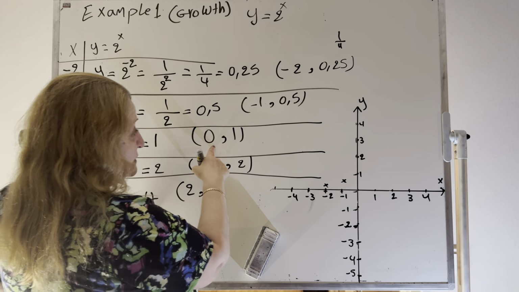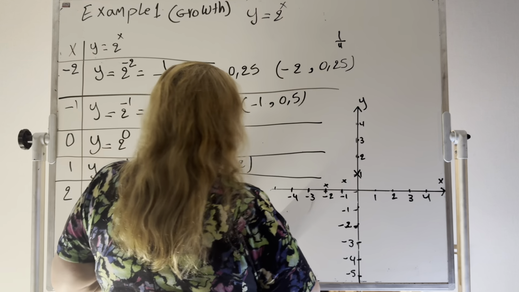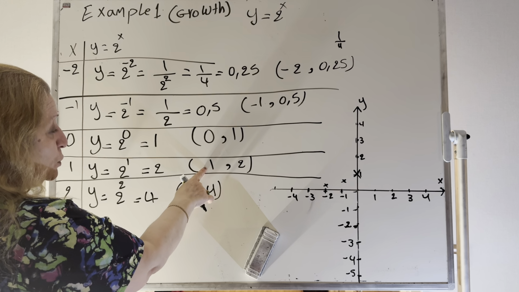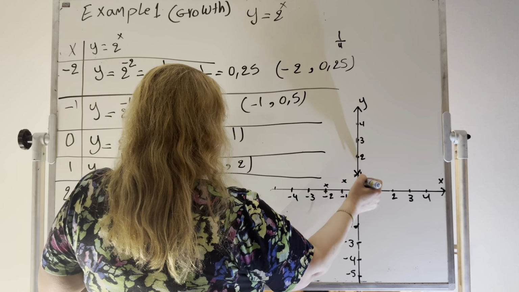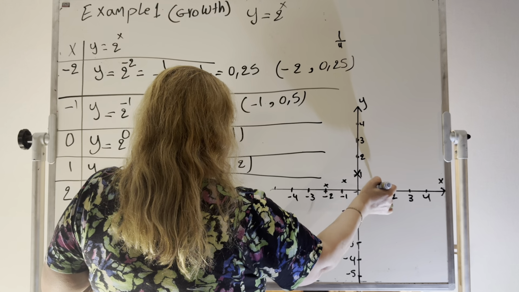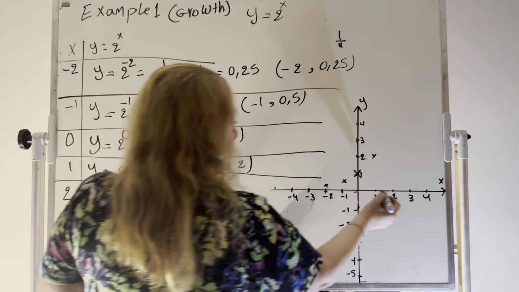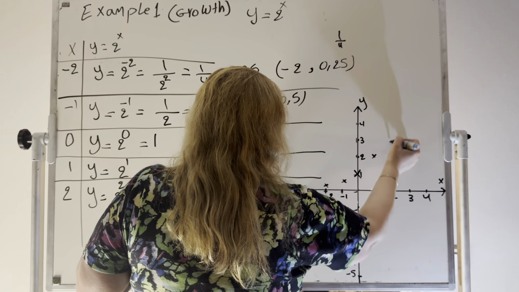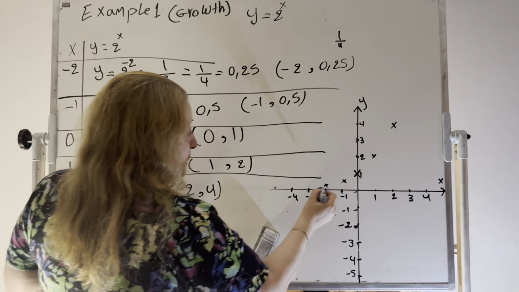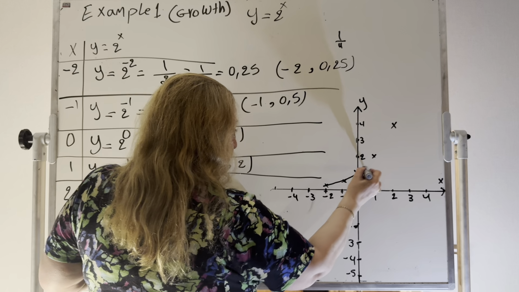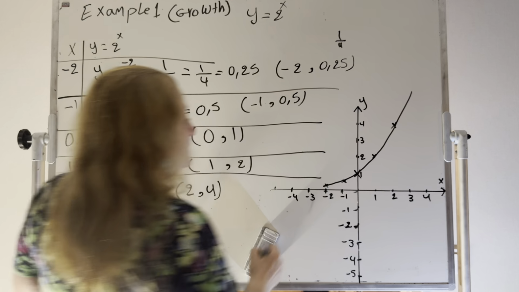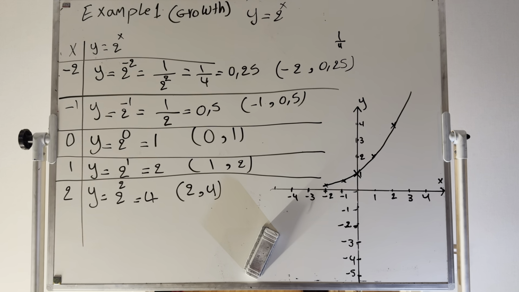When x equals 0, y equals 1. When x equals 1, y equals 2. When x equals 2, y equals 4. And we see the graph shows growth here.